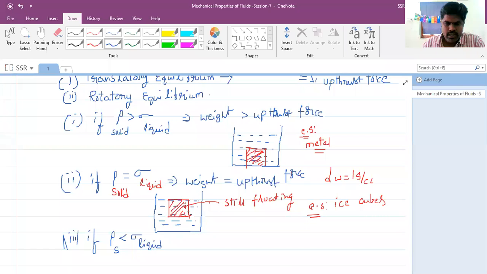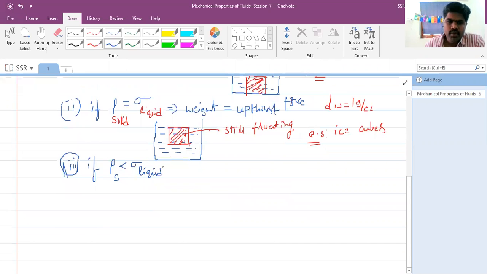So the third case: if the density of the solid is less than the density of the liquid, what happens? If the density of solid is less, it will float on the surface of the liquid. That means the weight of the body is less than the upthrust force.